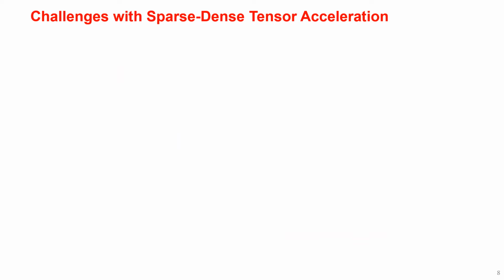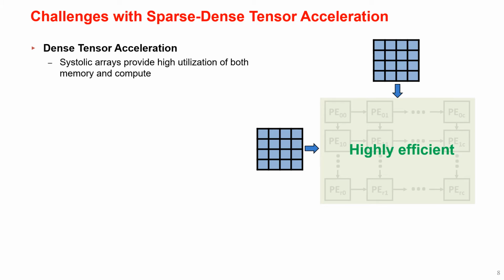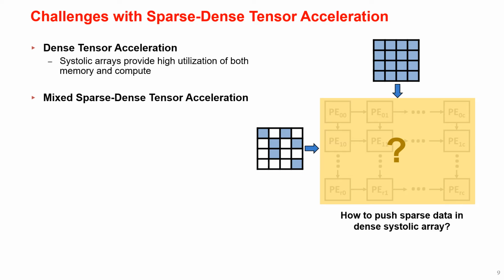Now let's look at some of the challenges in designing such mixed sparse dense tensor accelerator. We all know that accelerating dense tensor kernels is straightforward, and systolic arrays are probably the most efficient solution, which provide high utilization of both compute and memory. However, mixed sparse dense tensor kernels cannot be efficiently mapped to these dense systolic arrays.